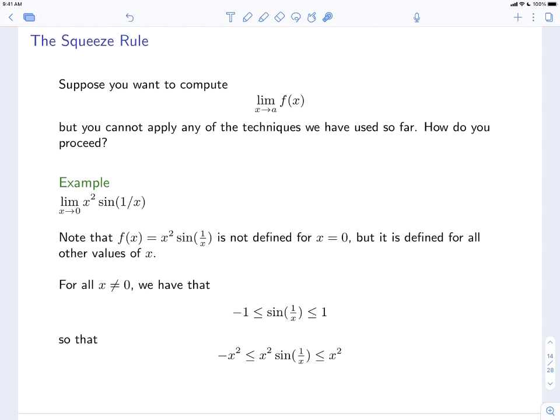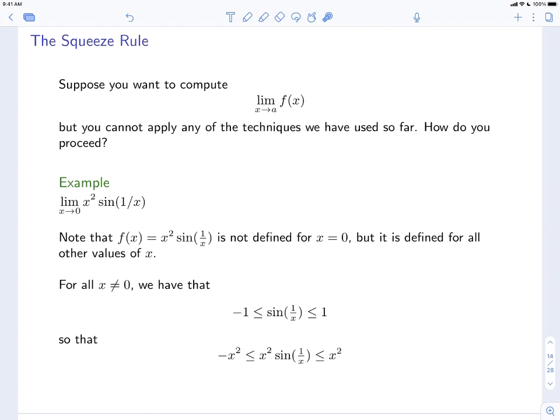Well, then what happens if we multiply everything by x squared? Well, you have an inequality here, but you're allowed to multiply inequalities by some quantity. And as long as that quantity is positive, like x squared, then you don't have to change the direction of the inequalities. So we know that -1 is less than or equal to sine of 1 over x is less than or equal to 1.